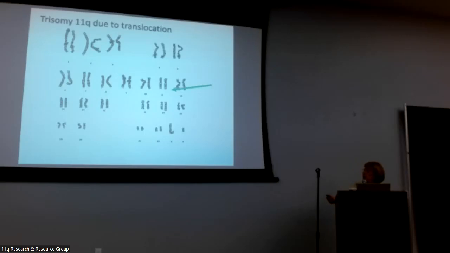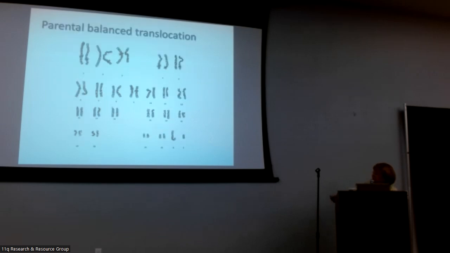This is one of my patients. You see all chromosomes are normal, apart from chromosome 17, that is longer. This is a derivative 17 or 17q plus. But if you see, the father has a broken chromosome 11 and a long chromosome 17.